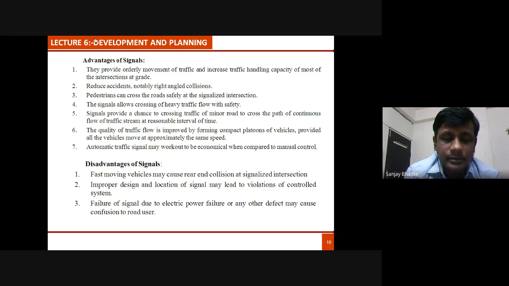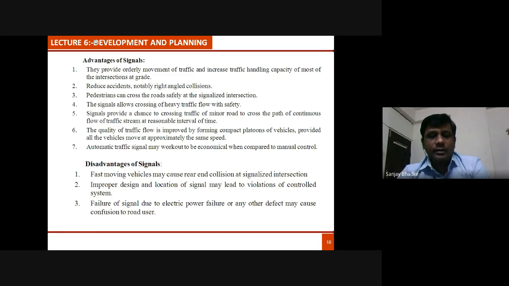Various types of automatic signals may also work out economically. So the basic advantage of a signal is to reduce accidents. Every person should personally follow all the rules and regulations so that there will be minimum road accidents, and it is very helpful for all of us.